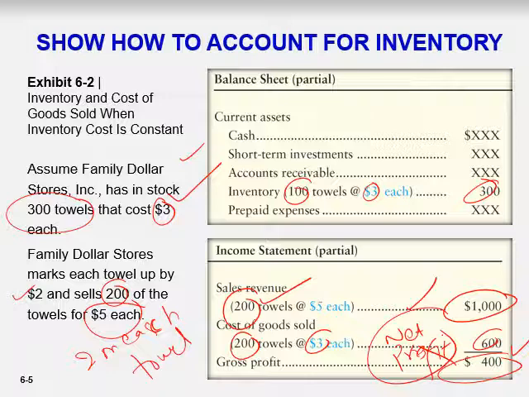Because in order to get net profit from the gross profit, you need to deduct the expenses that you have incurred in order to generate the sales. You did not generate the sales just by purchasing the towels. You have to pay electricity bills, you have to pay salaries, etc. So all those expenses you need to deduct after the gross profit. That's why there is a difference between gross profit and net profit.